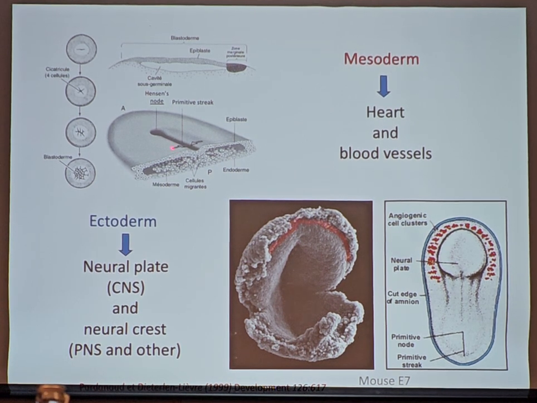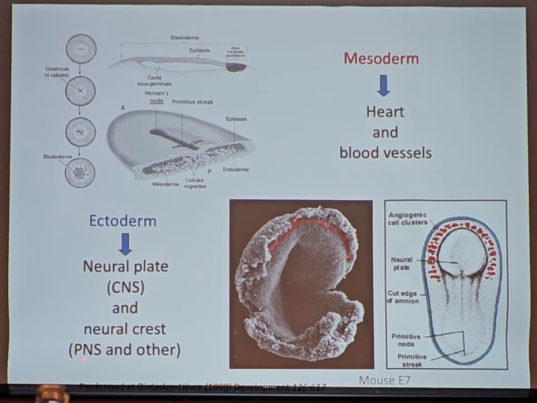And you can see here the ectoderm, you can see the endoderm down here, and in the middle of it there's the mesoderm. The ectoderm is of importance for the CNS and the peripheral nervous system, whereas the mesoderm will be of importance for your internal organs.